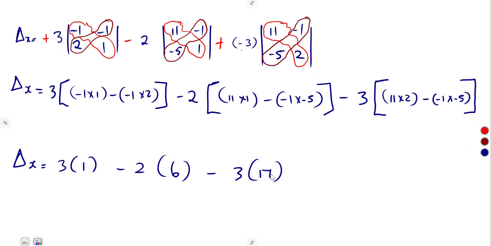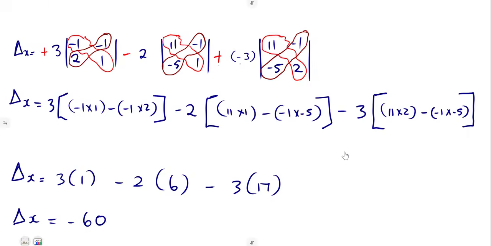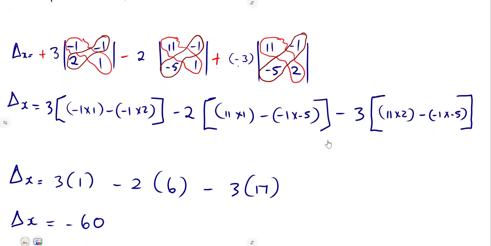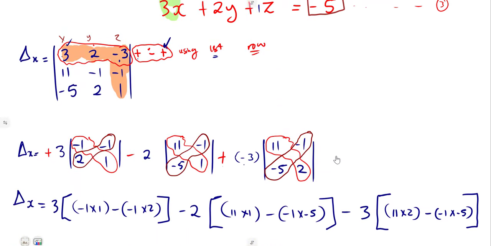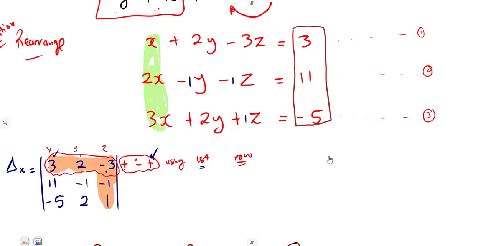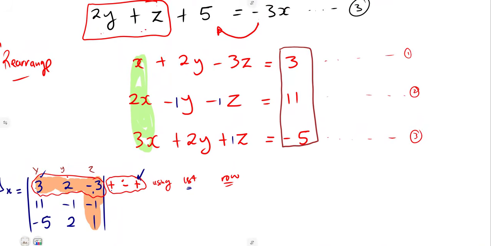Then use your calculator to simplify everything, that is going to give us negative 60. So this is it. You have your determinant. If you had expanded by any row, any column of your choice, you're going to obtain the same answer, negative 60. You're going to obtain the same value for that determinant.